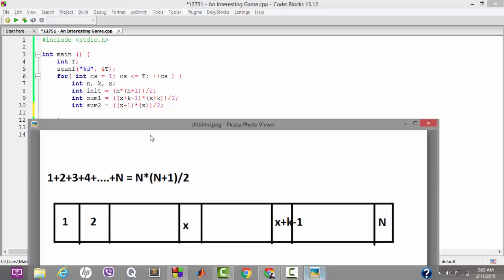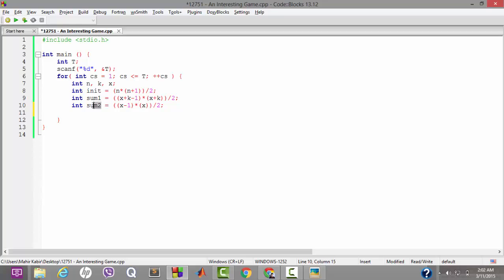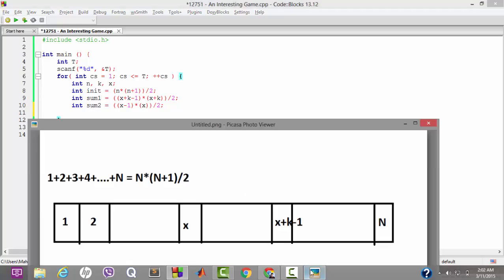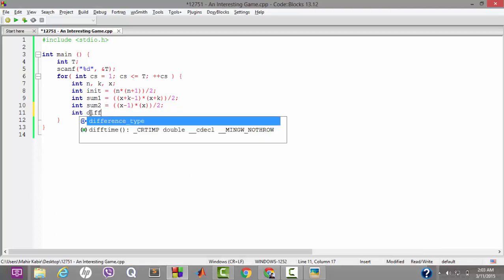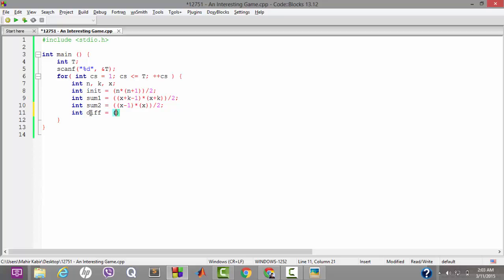Now if we subtract sum2 from sum1, that is, subtract the sum of 1 to x minus 1 from 1 to x plus k minus 1, we'll get the summation of x to x plus k minus 1. Let's call it diff, which is sum1 minus sum2.